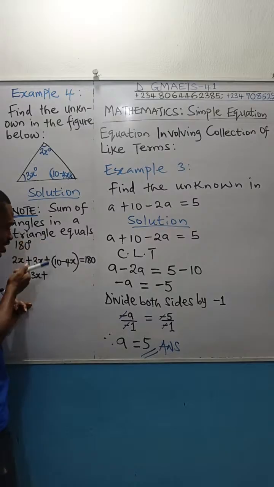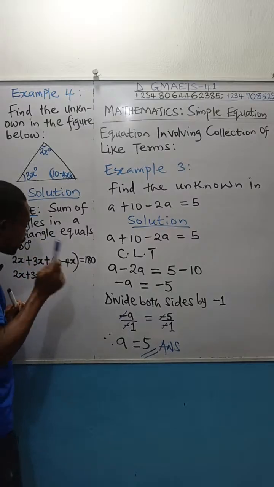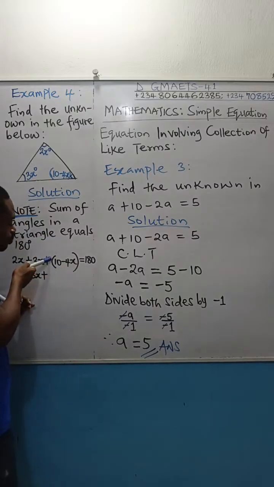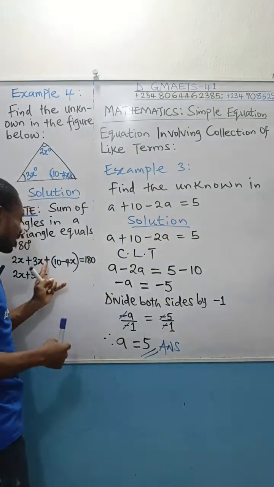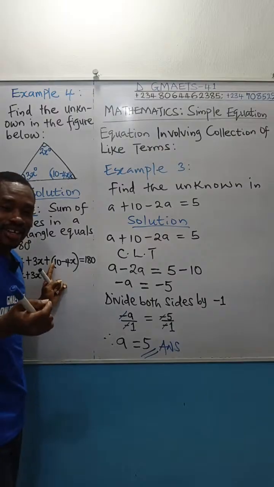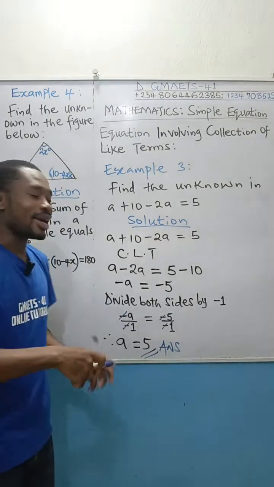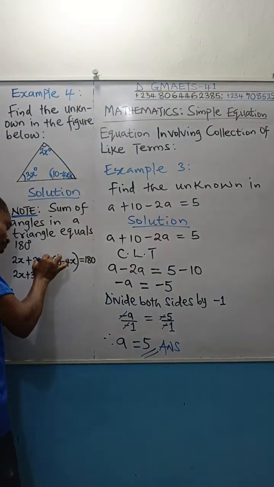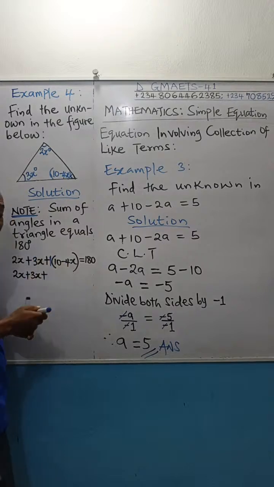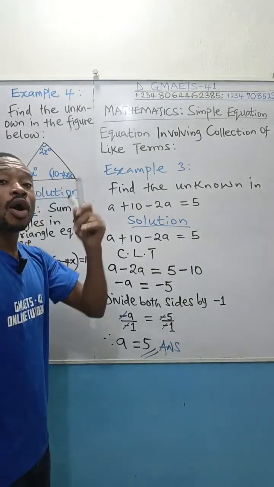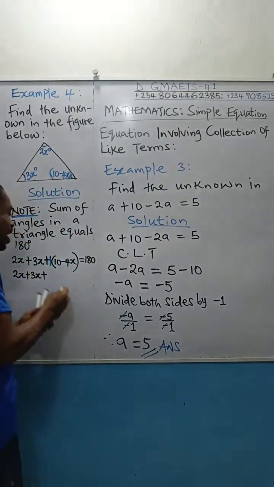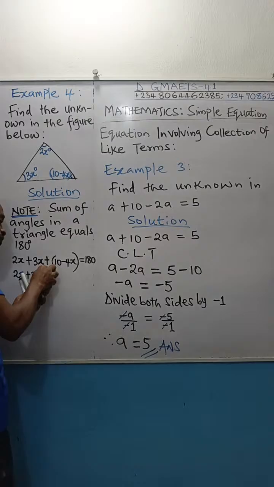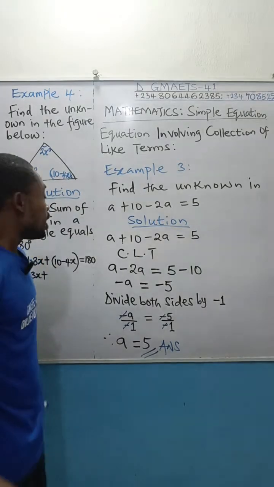When there is no number before a bracket, we say you have an invisible 1. There is 1 here, but if you have 1 before a bracket, you don't show it. We say that 1 is invisible, something you cannot see.